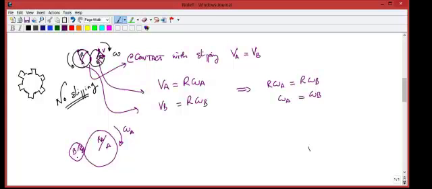Well, let's verify this. Again, if we consider the condition that there is contact and there is no slipping, the linear velocities are the same. But now the difference is they each have their own radius. So let's keep track of that.